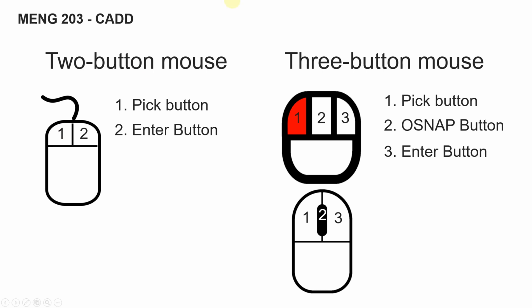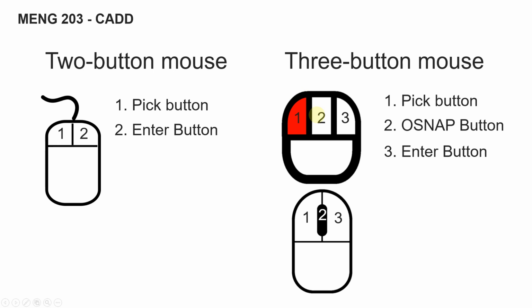And on the other hand, we have the three-button mouse. One is for pick button, two is for snap button, and three for enter button. So same function for the two-button mouse of pick button and enter button, but the difference is that the three-button mouse has the snap button, which is button number 2.